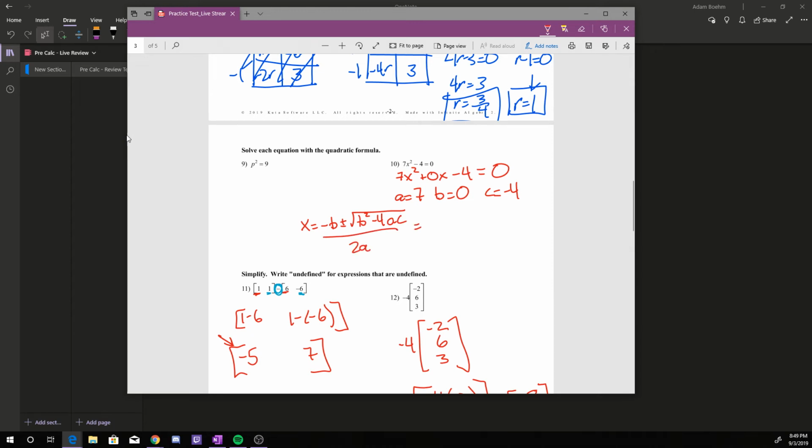If you plug all those in, x is equal to 0 plus or minus the square root of 0 squared minus 4 times 7 times -4, all over 14. Which is equal to the square root of 112 over 14.